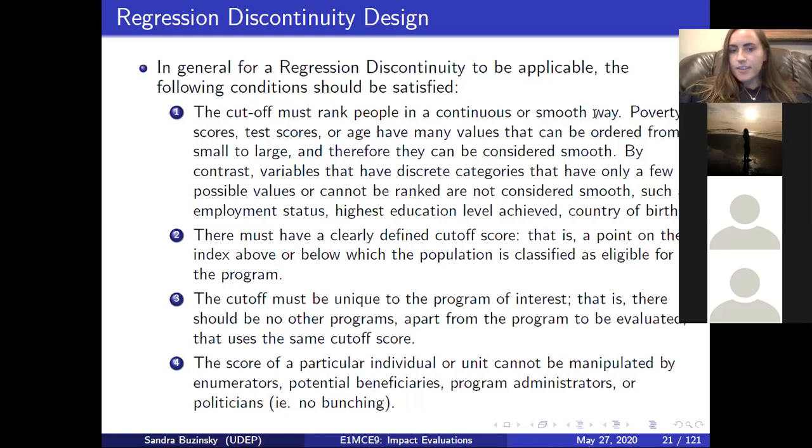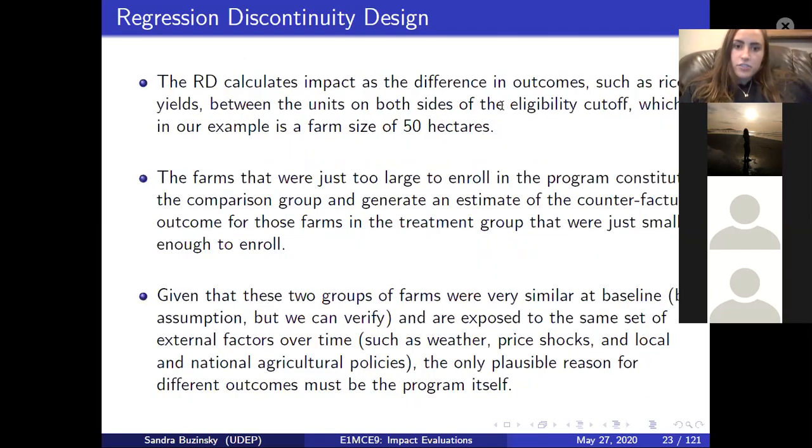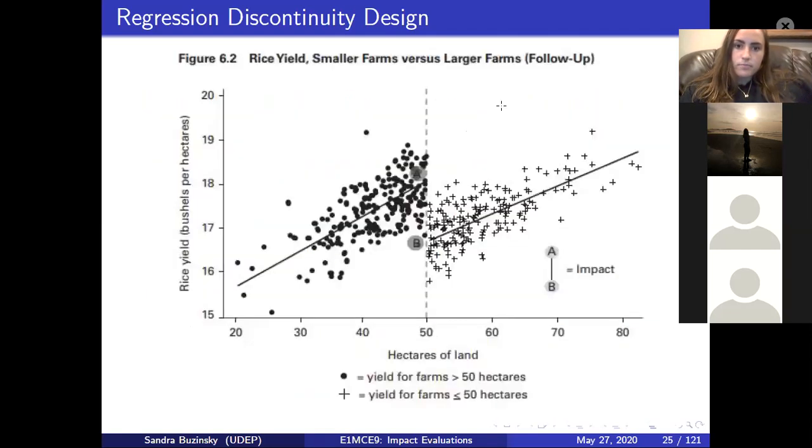Okay, so I think the assumptions are pretty straightforward, and the interpretation is also pretty straightforward. Recall that if we have a discontinuous jump in the outcome, here from A to B, this would be our impact of interest, right?